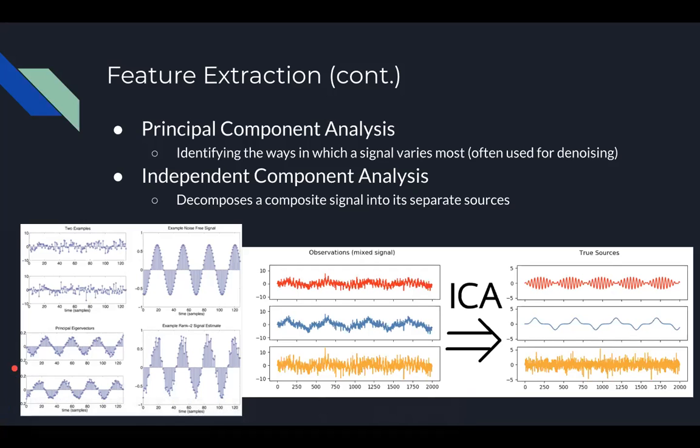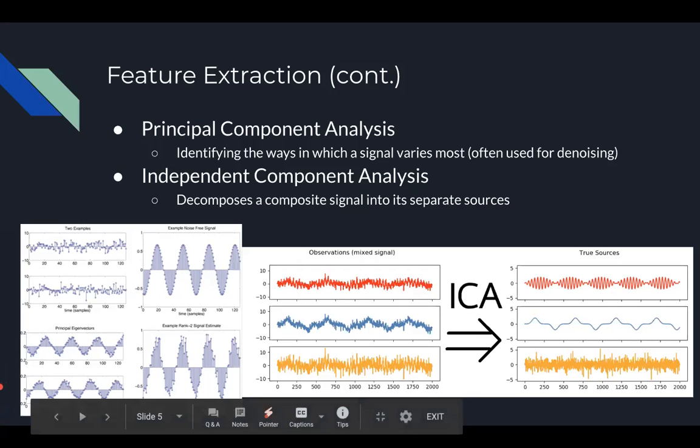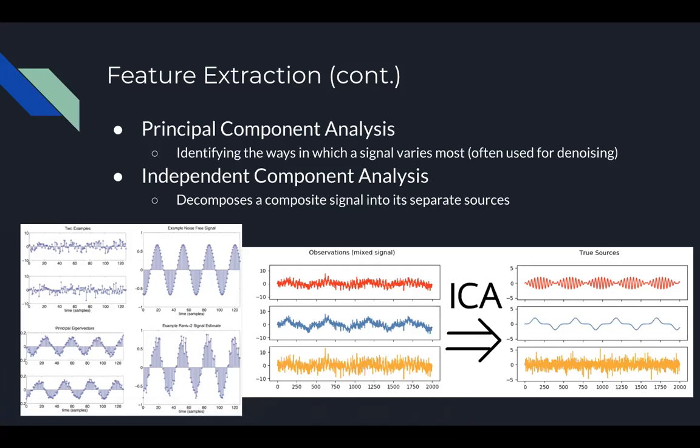But you can think about principal component analysis as asking the PCA function to find some number n of principal components, and then it looks through your data and finds the biggest eigenvectors, which basically means along what axes the data varies the most.